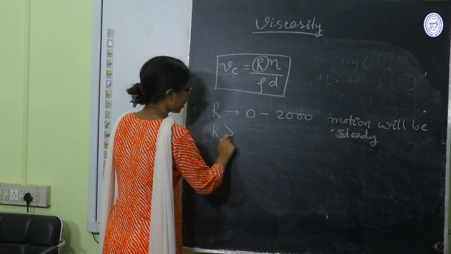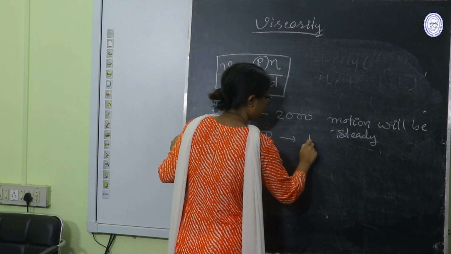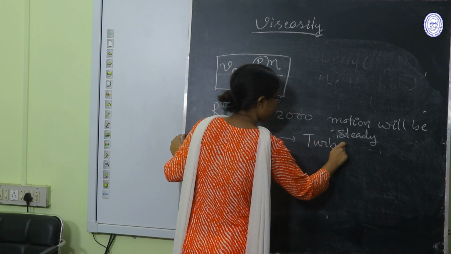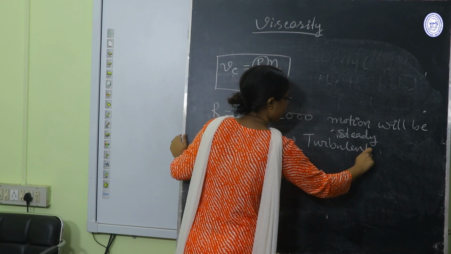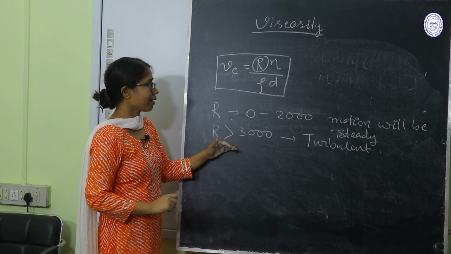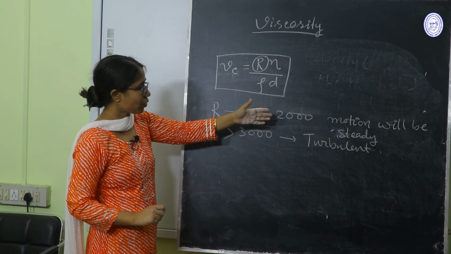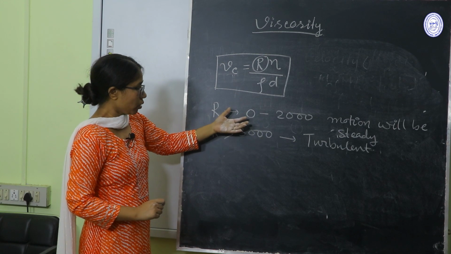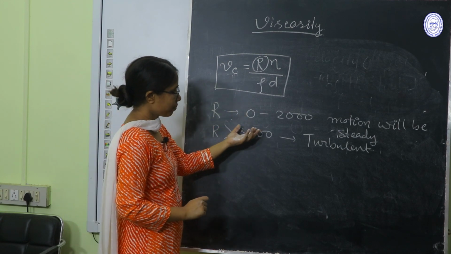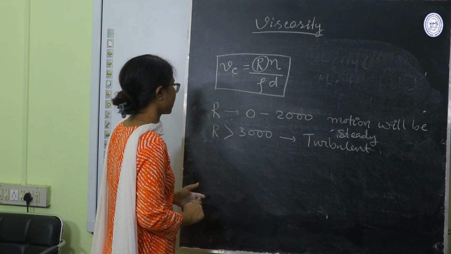When R is greater than 3000, it is turbulent, and between 2000 and 3000 there is a transition period where the steady or streamlined motion changes to turbulent motion.